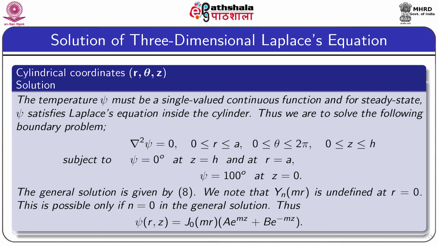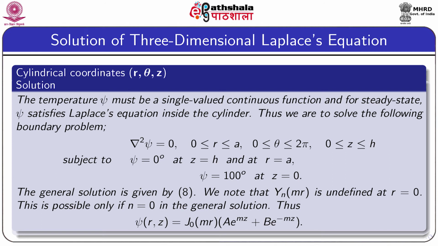And the boundary conditions are psi = 0 at z = h and psi = 0 at r = a. And there is a third boundary condition, which is psi = 100 at z = 0.